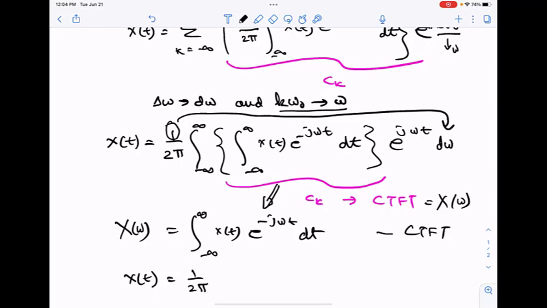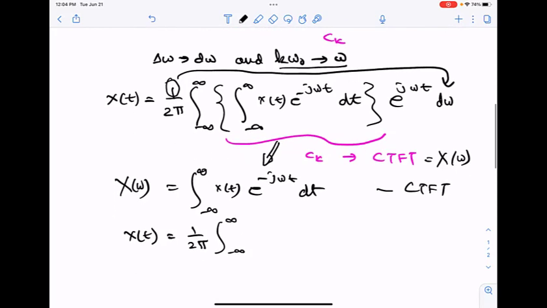Integral again from minus infinity to plus infinity, X of omega, that's this guy right here, e to the j omega t d omega.